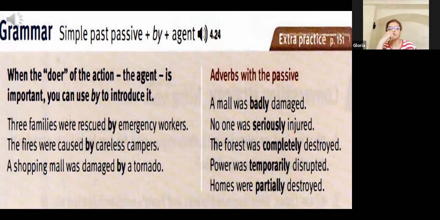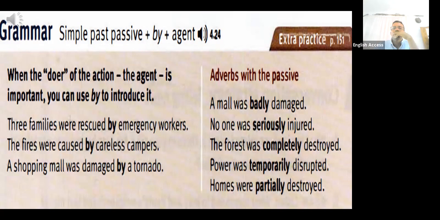The fires were caused by careless campers. A shopping mall was damaged by a tornado. Adverbs with the passive. A mall was badly damaged. No one was seriously injured. The forest was completely destroyed. Power was temporarily disrupted. Homes were partially destroyed.